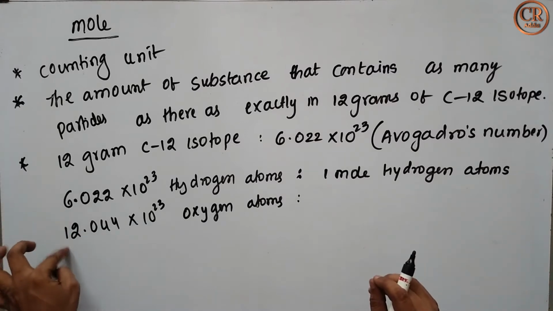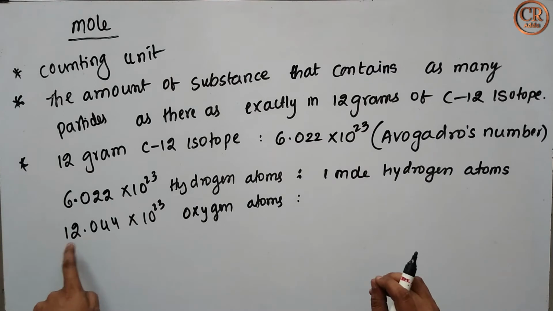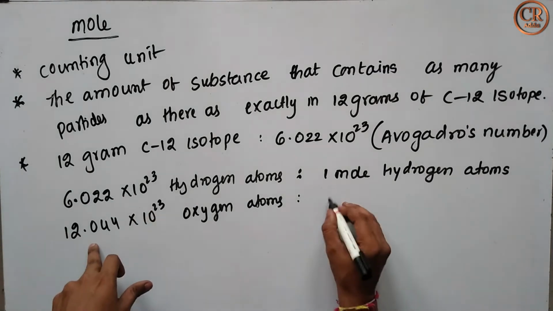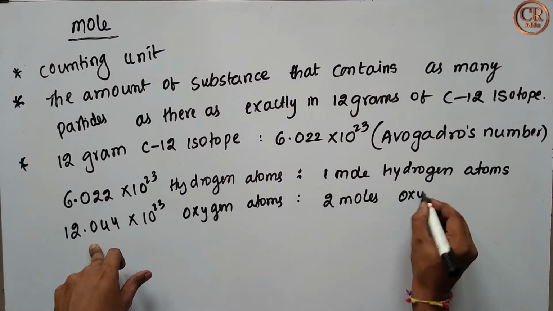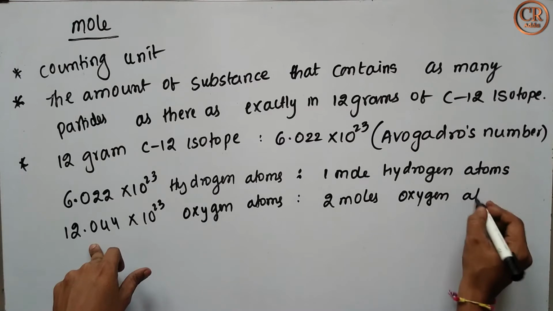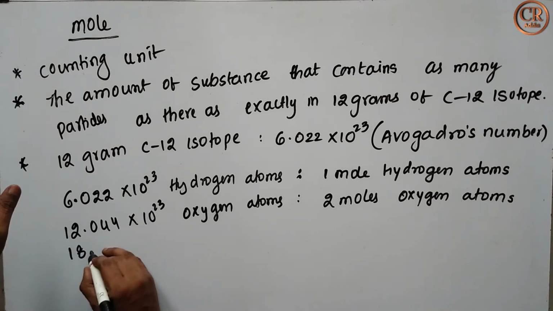Double of this. So 6.022 into 10 power 23 into 2 gives 12.044 into 10 power 23. This is equivalent to 2 moles oxygen atoms.